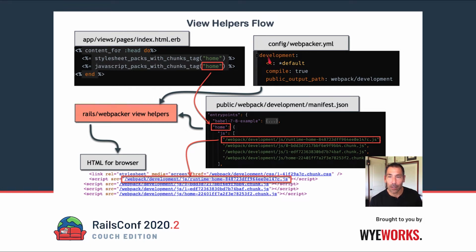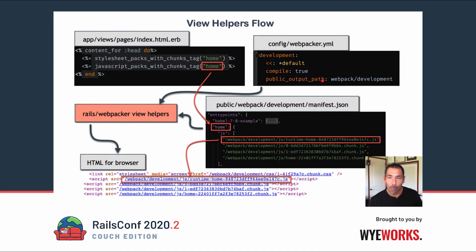If you take a look in your config Webpacker YAML, it's got this public output path, Webpack development. And that's where the files get created by Webpack. So notice Webpack puts the files directly in the output directory that can be publicly served by Rails. So we've got the manifest JSON, and that's going to feed into the view helpers.